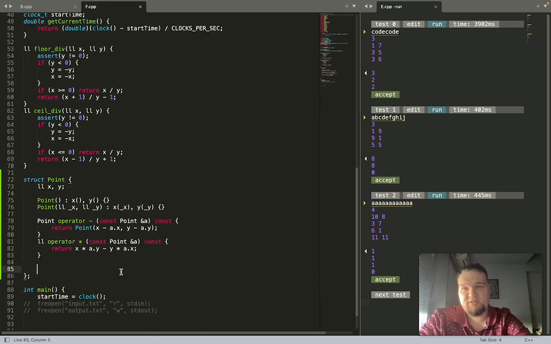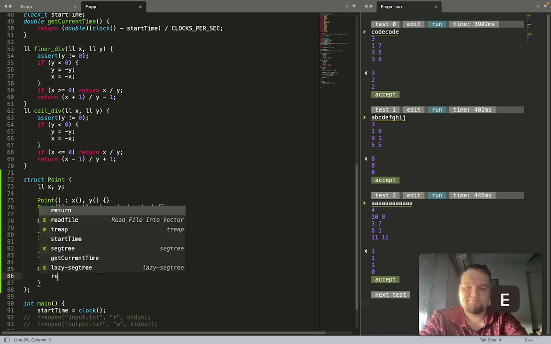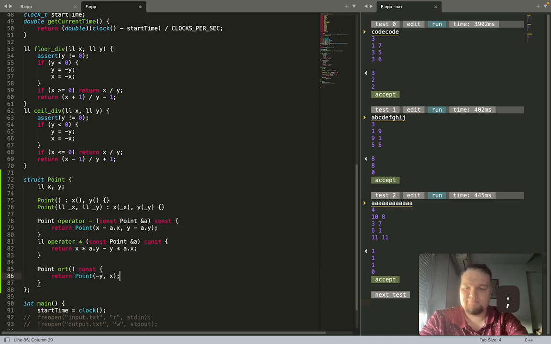Product and rotating by 90 degrees, I think. And I certainly need some kind of simple sorting to merge equal points.